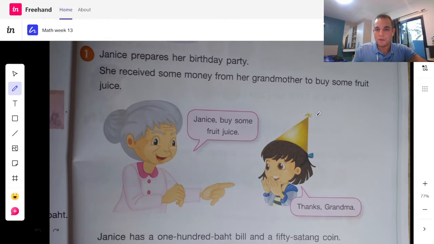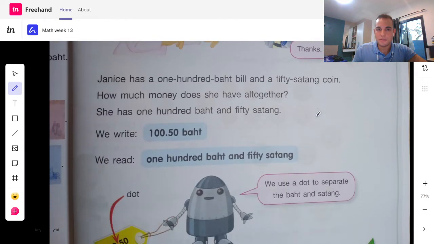Okay? So this is something we already learned. We write 150 satang, or 1.50, or 1 baht and 50 satang, okay?